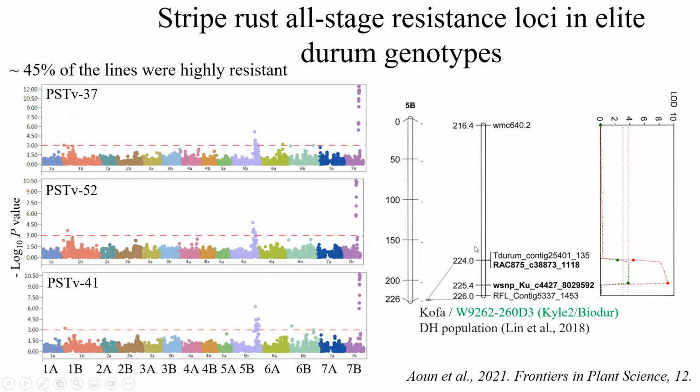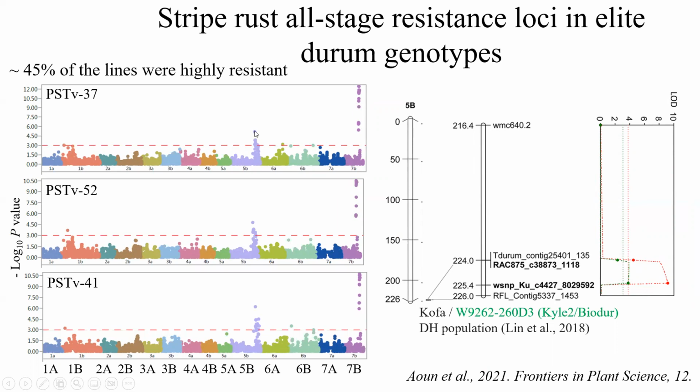For stripe rust, we had a better scenario, where around 45% of the lines were highly resistant to these three races. But the problem is that this resistance was mainly conferred by 2 loci, one on chromosome 5BL and the other on chromosome 7BL.